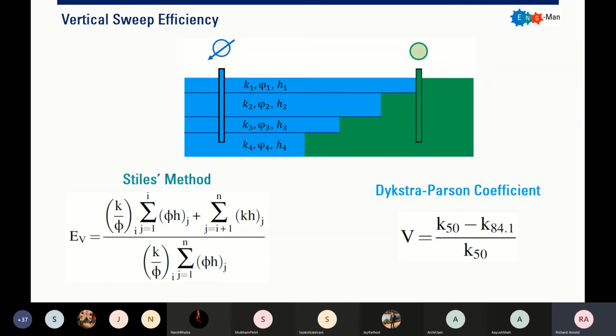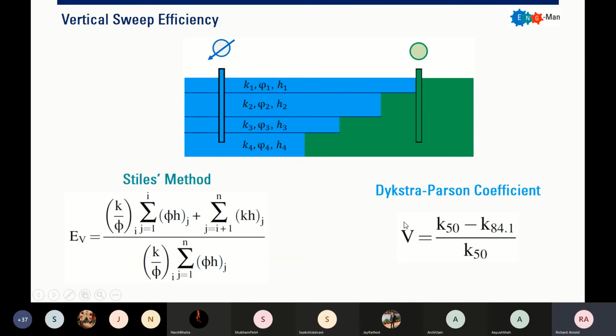So how do we actually calculate or estimate our vertical sweep efficiency? There are a lot of approaches. We can do the Stiles method, provided that you know your permeability trend within each well. You also need to do Dykstra-Parsons analysis to obtain this V parameter, which will represent your heterogeneity.